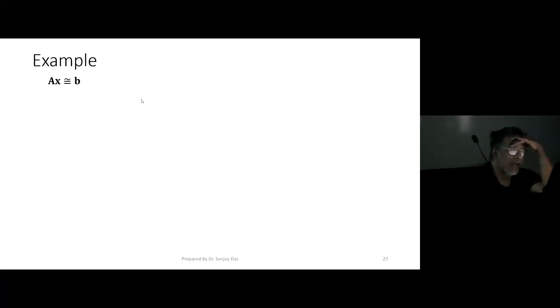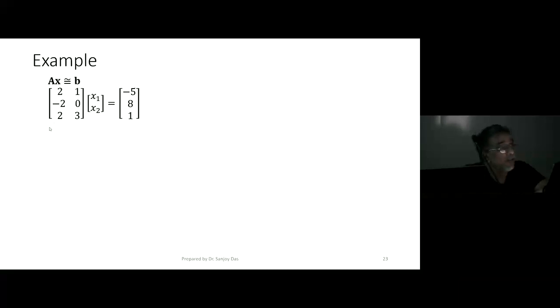So here is a simple example, and this will make the point clear. We want to solve AX approximately equal to B. We have 3 equations in 2 variables, x1 and x2. This is a rank 2 matrix, so we can eliminate rows in different ways.